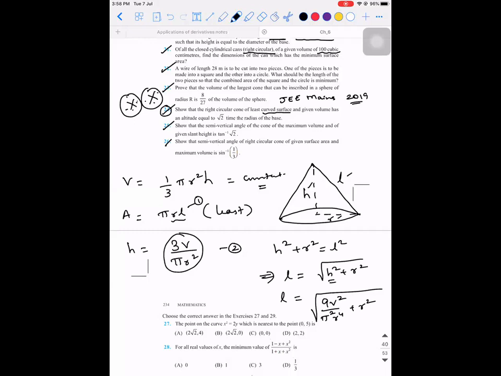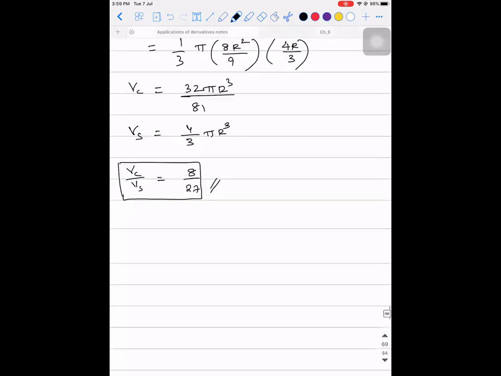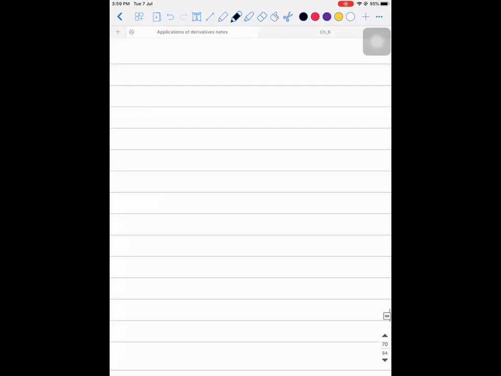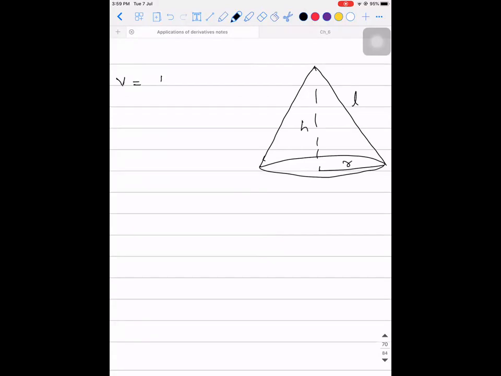I'll do it separately. Listen. So you have a right circular cone. This is R, this is H, and this is L. So volume is constant, which is 1 by 3 pi r square h, which implies h is equal to 3v divided by pi r square. Let this be equation number 1.